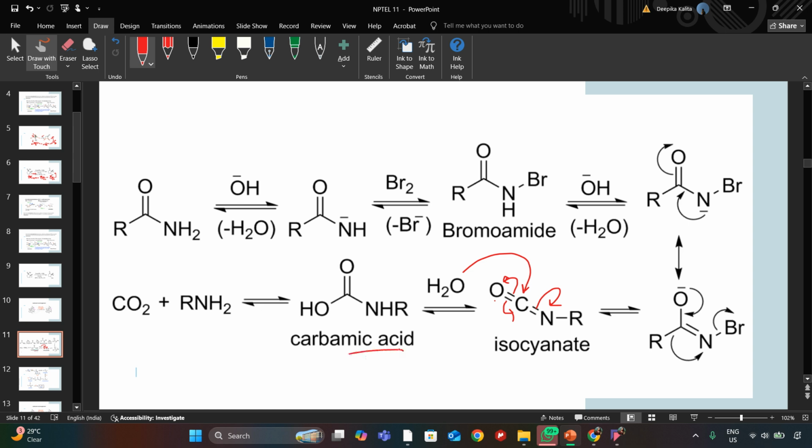Okay, and this carbamic acid now falls apart to give us a molecule of carbon dioxide along with primary amine. And this is how Hoffman rearrangement reaction converts an amide into an amine.